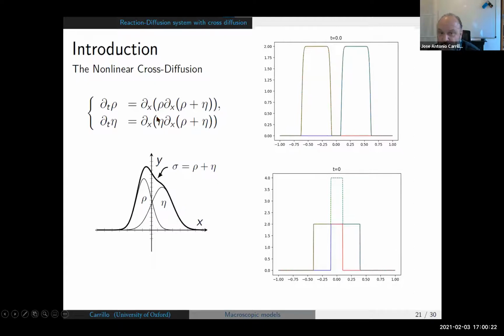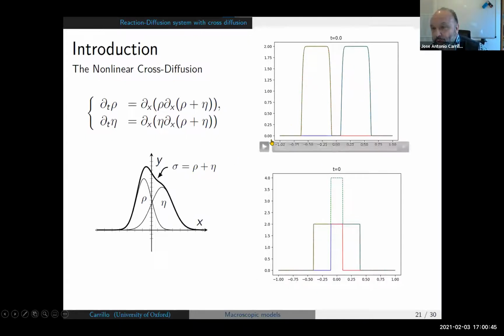If you add them, you have an equation for the total population, which is nothing else than the porous medium equation, a nonlinear diffusion equation, with exponent 2. So in fact, this question is even present at the level of the porous medium equation. It's just looking at it from different perspectives.